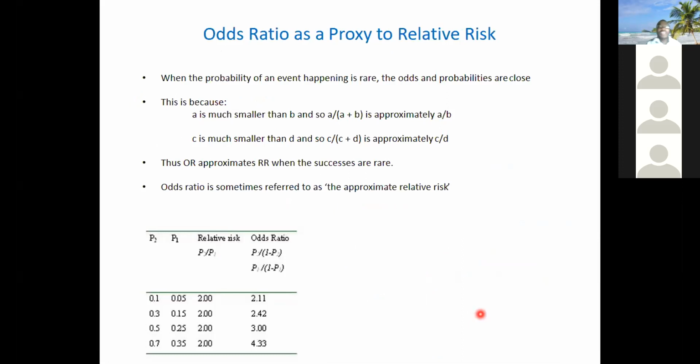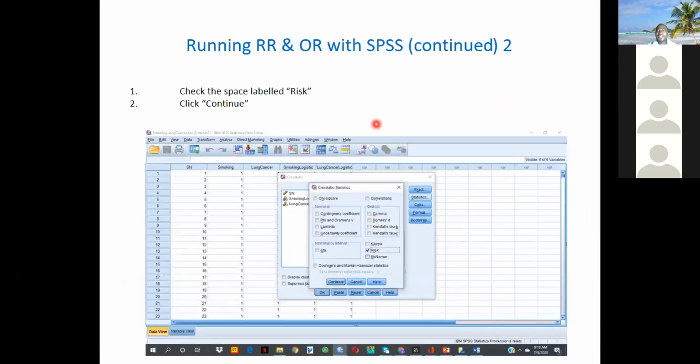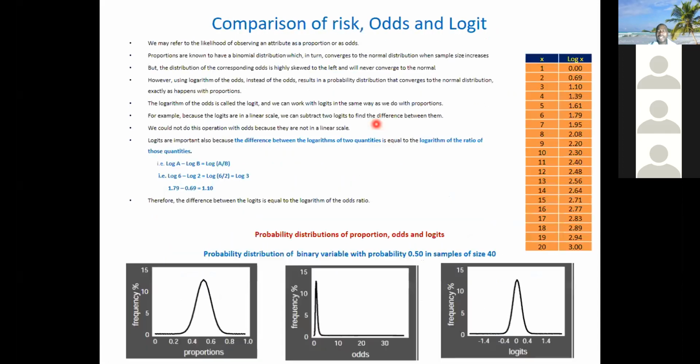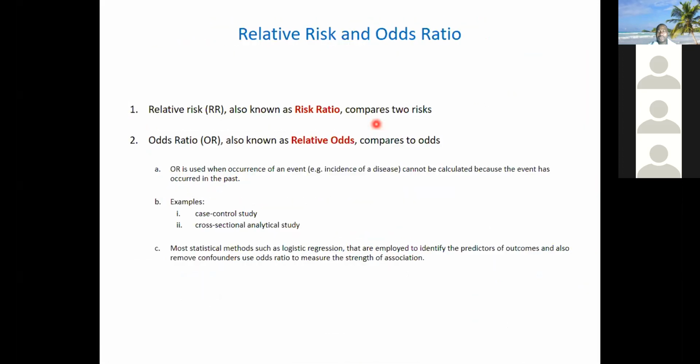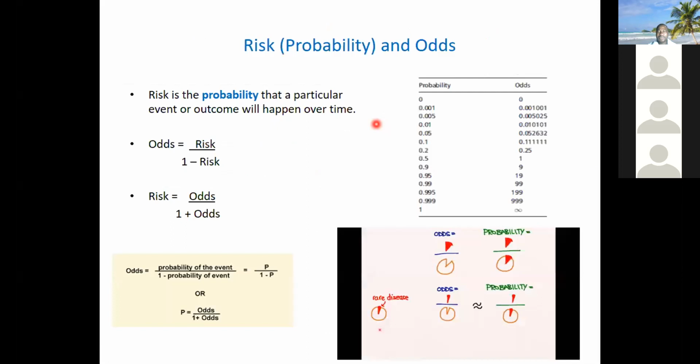When the probability of an event happening is rare, the odds ratio and probability are close. Odds and probability, rather, are close. I've already demonstrated that in the initial slide. Is it this one? Yes, look at it. So that is where, in a rare disease, look at it.